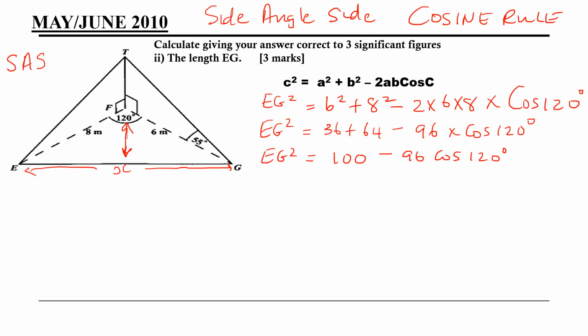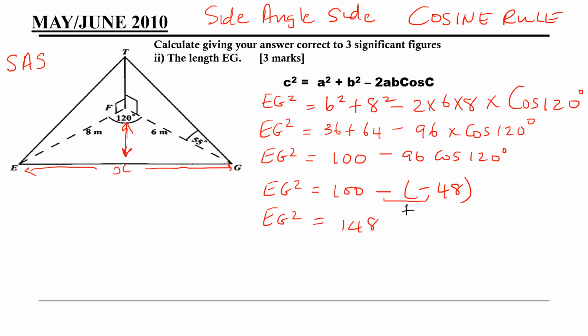Let's plug that into the calculator. 96 times cos 120. I got negative 48. The 2 minus signs are going to give me a plus. So EG squared is equal to 148.